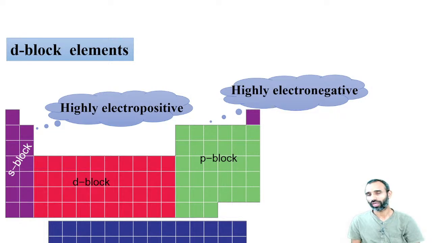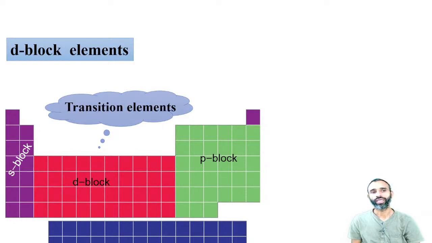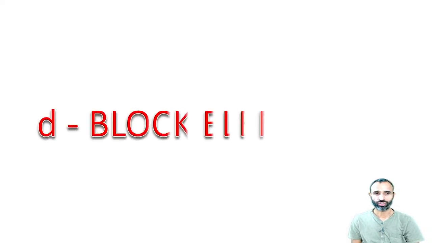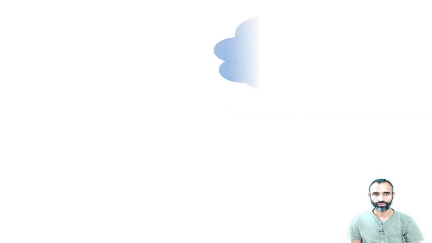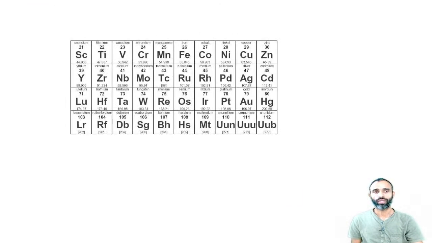P block elements are highly electronegative. So D block elements show the transition from most electropositive elements to most electronegative elements. These are the D block elements.